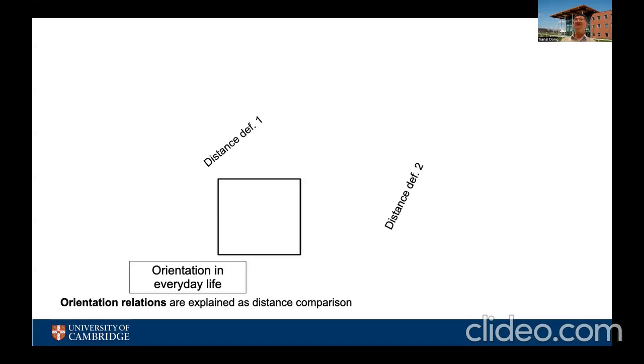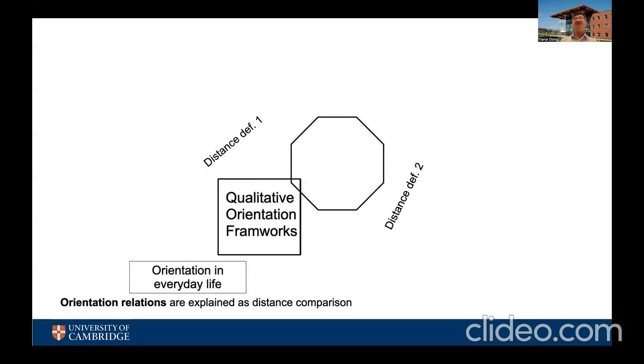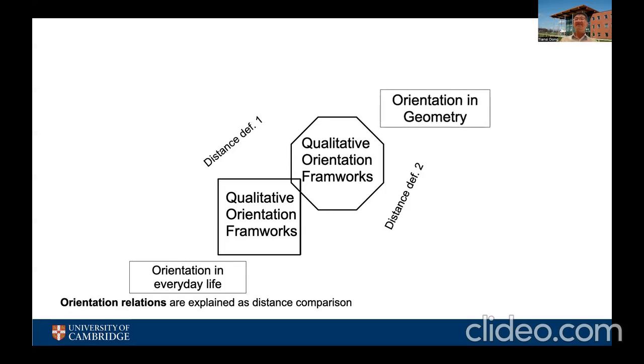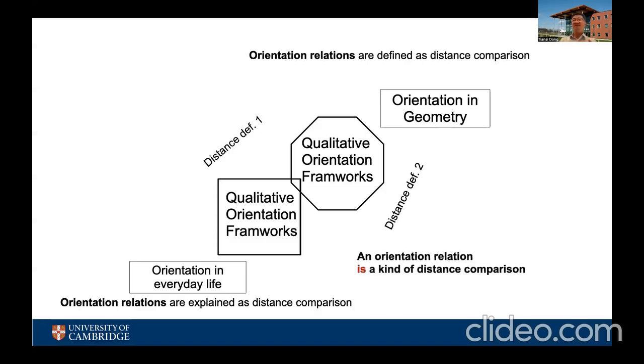There are two different distance comparison methods, and we get a qualitative orientation framework. We can increase the edges, the sides, and we have a new one. In the end, if the number of edges goes to the limit, then we have orientation in geometry, the compass.